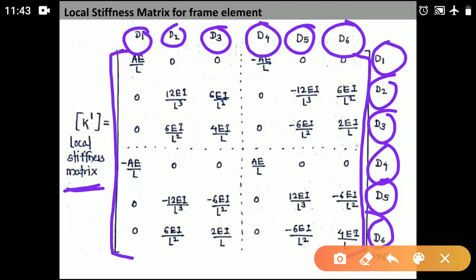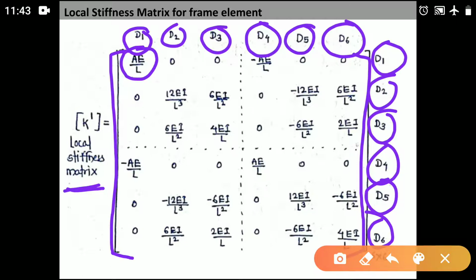So how to write these elements? All these 36 elements we have to write down from figure 1 to figure 6. Very first we will start from the first element of this matrix, the element in D1 column and D1 row, the D11 element.